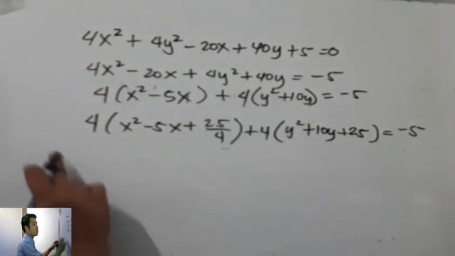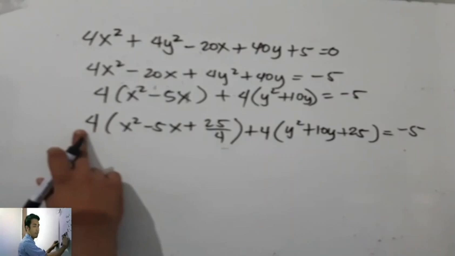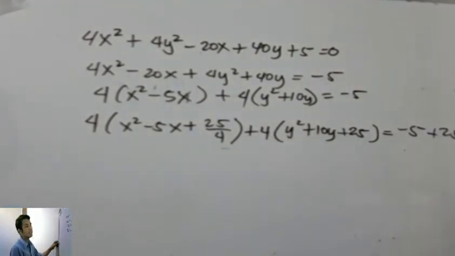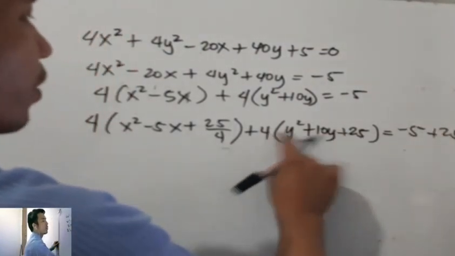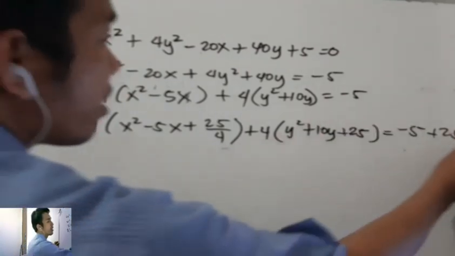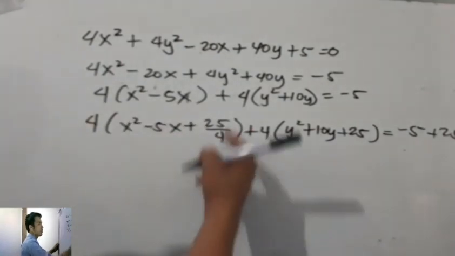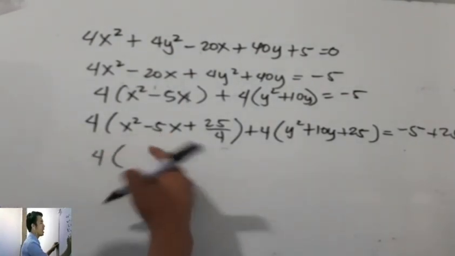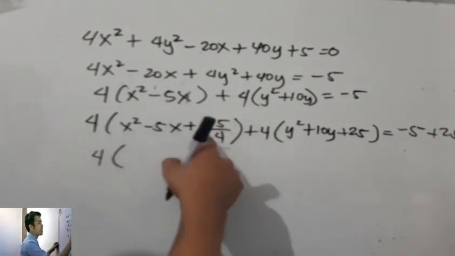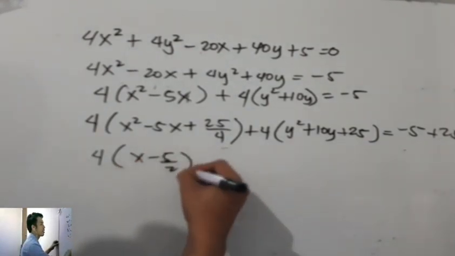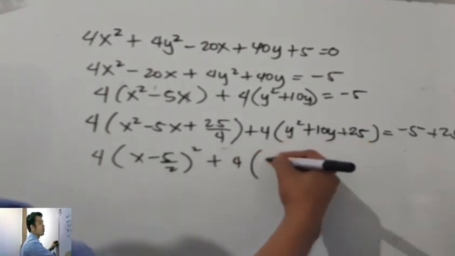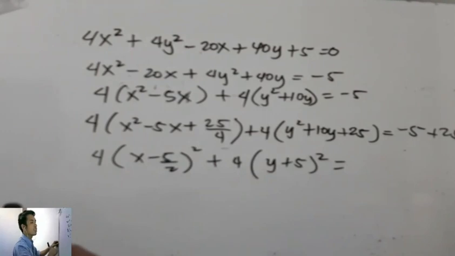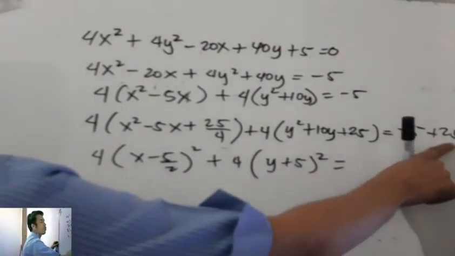We added 25 over 4, times 4, so plus 25, and for the y we added 4 times 25, and that is 100. Now factor: 4 times the quantity x minus 5 halves squared, plus 4 times the quantity y plus 5 squared, is equal to negative 5 plus 25 plus 100, which is 120.